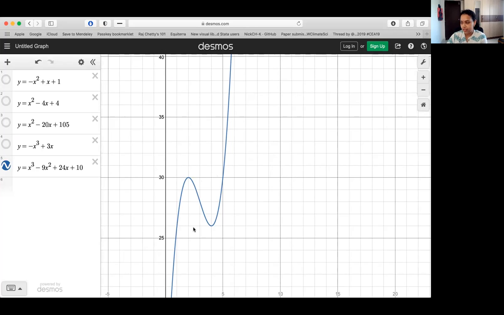And what are our two critical points? Our two critical points were (2, 30) and (4, 26). You saw that (2, 30) is a maximum point, and the graph also confirms that. (4, 26) was a minimum point from our second derivative test, and the graph confirms that it is a minimum point.